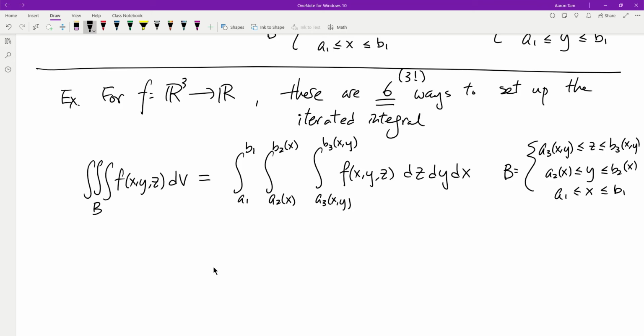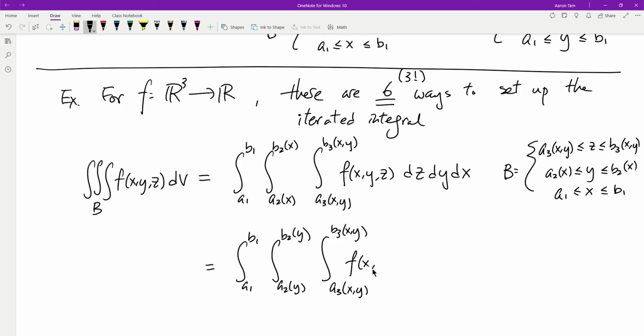So now I can definitely show you a different interpretation. I can do a1, b1, and then maybe a2(y) and b2(y), and then the last one may be a3(x,y) and b3(x,y), f(x,y,z). So how does this one work? Notice that the inside still has limits involving x and y, so it should be dz.